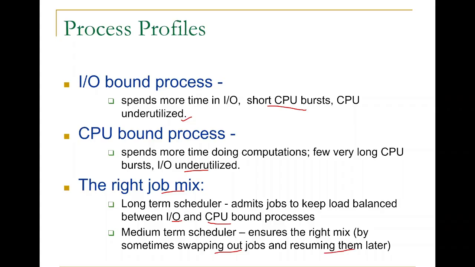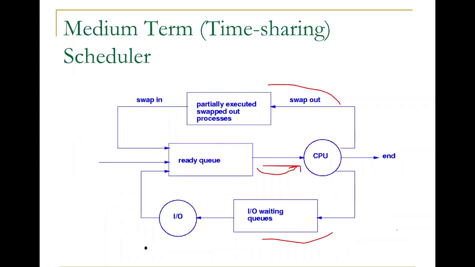So just like I said earlier, if a job is running on the CPU, and while it is executing on the CPU it needs I/O to communicate with the input output device, then the medium-term scheduler automatically pulls it out and puts it in the I/O queue.